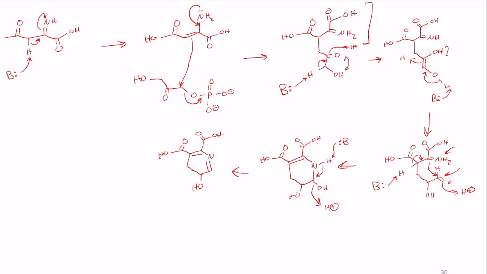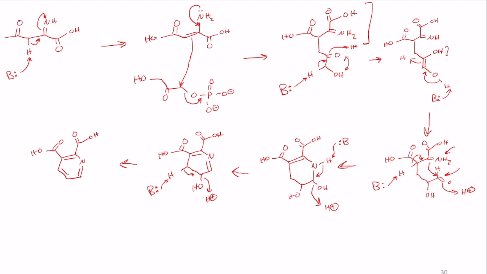So now the final step that we're going to have is we're trying to form that conjugated ring system on the inside. And so basically we have this hydrogen right here, and the base is able to deprotonate, drop down the electrons, kick off the water. And there we now have the conjugated ring with the two carboxylic acids.